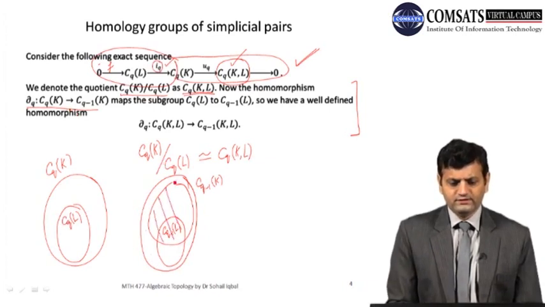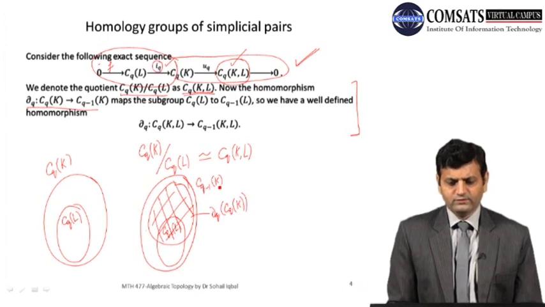So this shaded region is the boundaries of CQK inside CQ minus 1 K. Now this CQ minus 1 L is the set of all Q minus 1 simplices, the free abelian group generated by all Q minus 1 simplices of L.